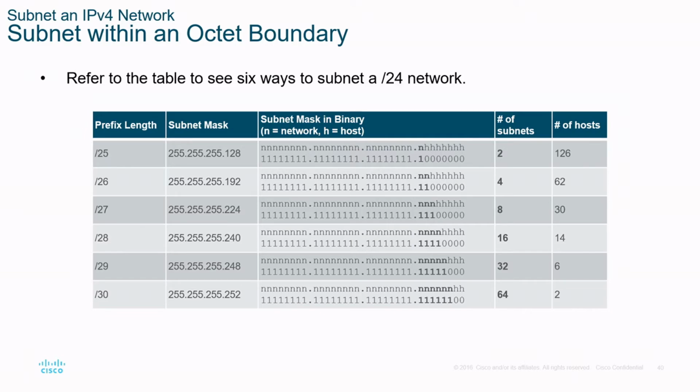So if I borrow 2 bits, it's going to be 2 times 2, or 4. If I borrow 3 bits, it's going to be 2 times 2 times 2, or 8, because I borrowed 3 bits. So when you borrow bits, you increase the number of networks.